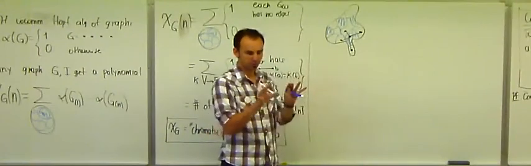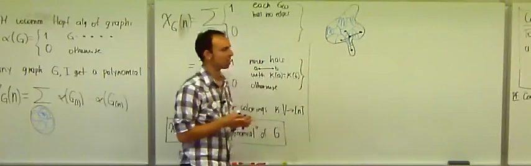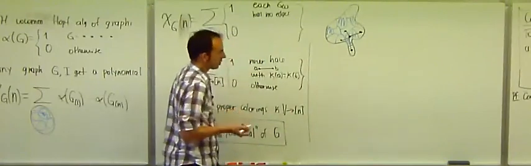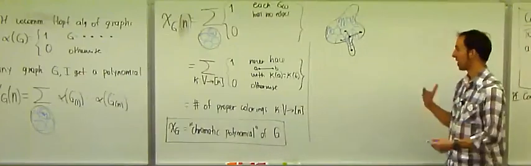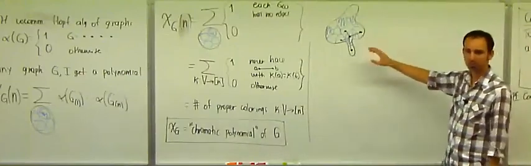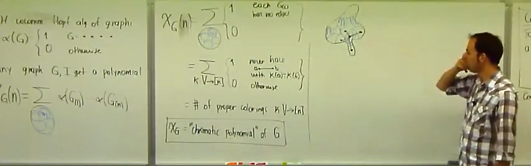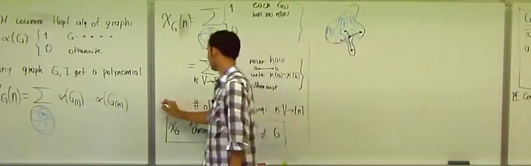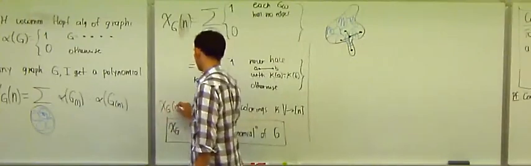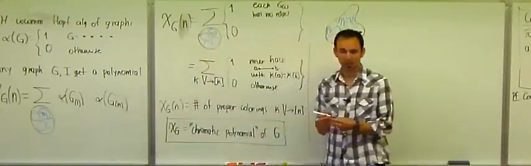You don't want to color two neighbors the same color because you wouldn't be able to tell them apart. And so that's where this comes from. And that's why these are called proper colorings. And that is why we think of these as colorings, because they're really like coloring the map. And so chi_G(n) is the number of proper colorings if you happen to have n colors in your hand.